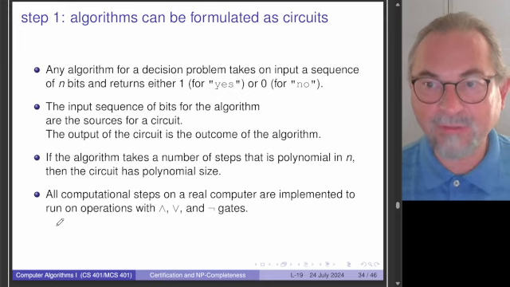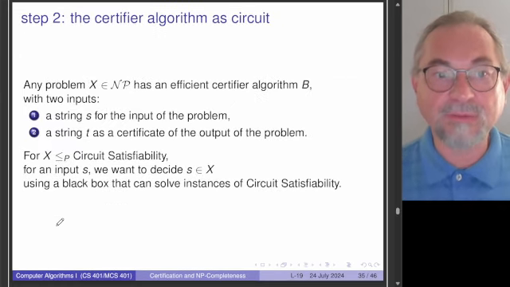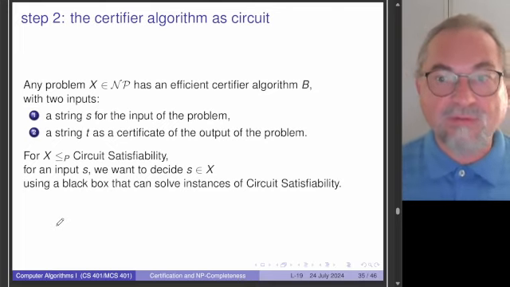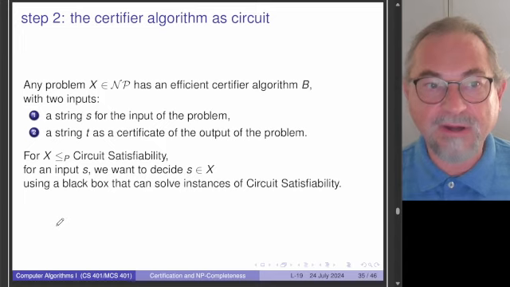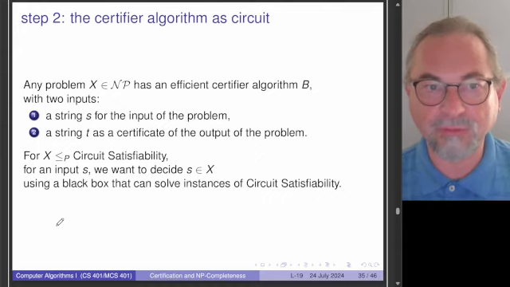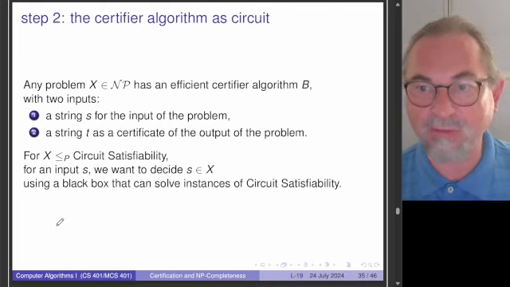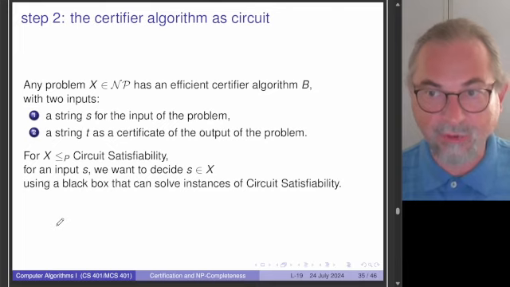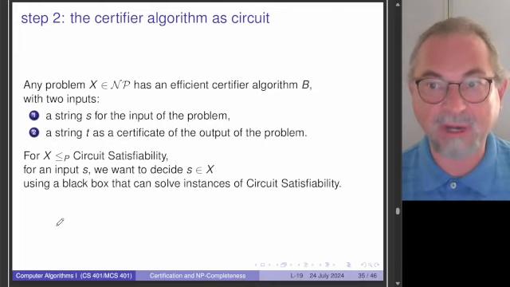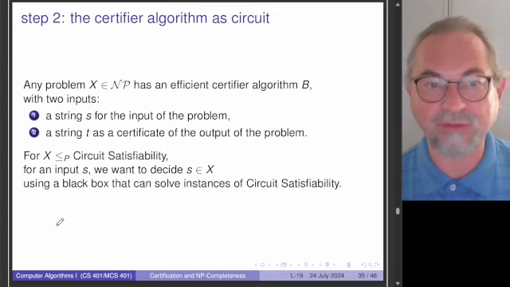Step one in the proof: any algorithm can be formulated as a circuit. Okay, so we can then write the certifier algorithm as a circuit. What does it mean to belong to the set NP? Well, we have an efficient certifier. So we have an algorithm which has a worst case running time that is bounded by a polynomial in the input size and also the size of the certificate.